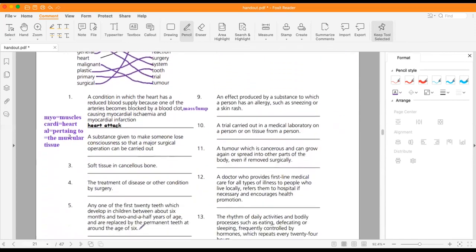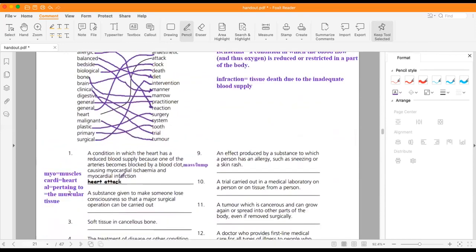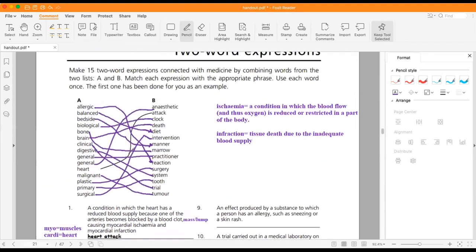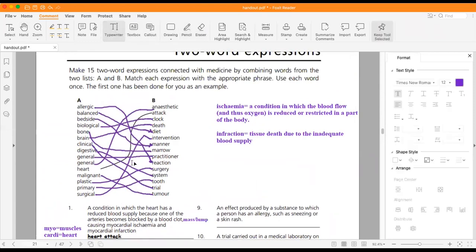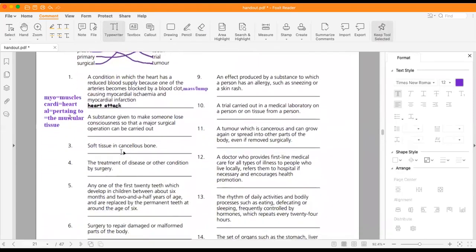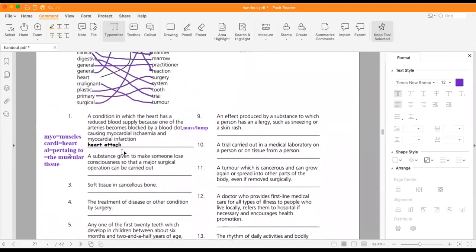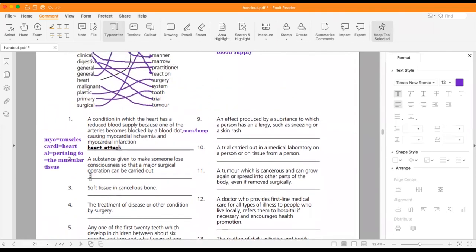So let's read these definitions and then we will fill out the blank with one of these compound words. So for example, a substance given to make someone lose consciousness so that a major surgical operation can be carried out. This is, of course, the general anesthetic, البنج الكلي, general anesthetic.